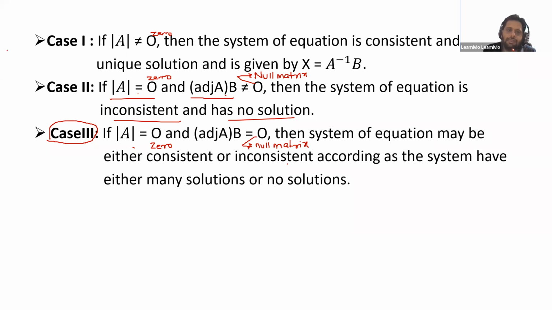We will just do these three straightforward cases. First, determinant not equal to 0: unique solution, consistent. Second, determinant equal to 0, then we find adjoint of A into B; if this is not equal to null matrix, then no solution, inconsistent. Third case, determinant 0 and this is equal to null matrix, then the system may be consistent or inconsistent.